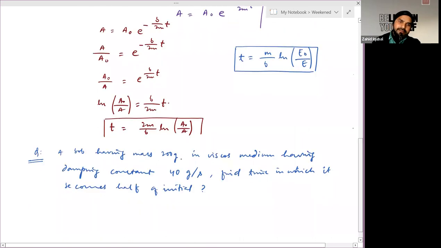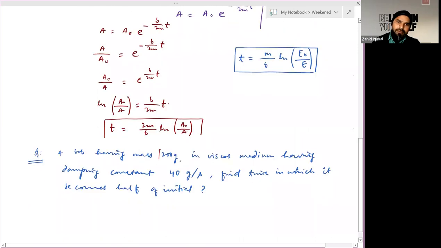In this part, we have mass of bob 200 gram and damping constant 40 gram per second. It means m is 200 gram, you may write it as 0.2 kg. Damping constant b, which is 40 gram per second, you may write as 0.04 kg per second. Now use the formula.